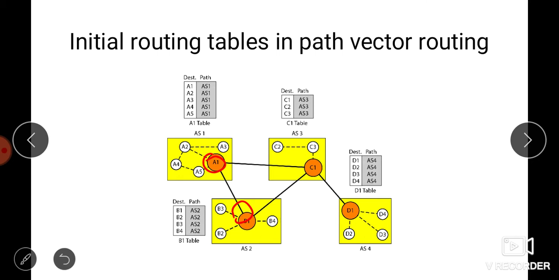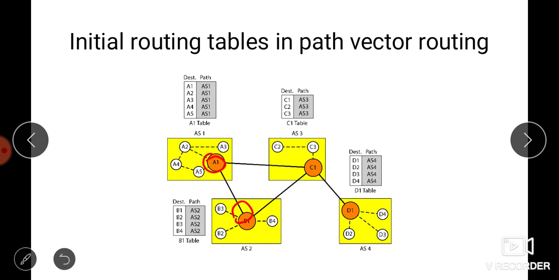Whenever a speaker node receives a two column table from a neighbor, it updates its own table by adding the nodes that are not in the routing table, and also adding its own autonomous system and the autonomous system that sent the table. After a while, each speaker has a table and knows how to reach each node in other autonomous systems. So that is the updated state of the path vector routing algorithm.